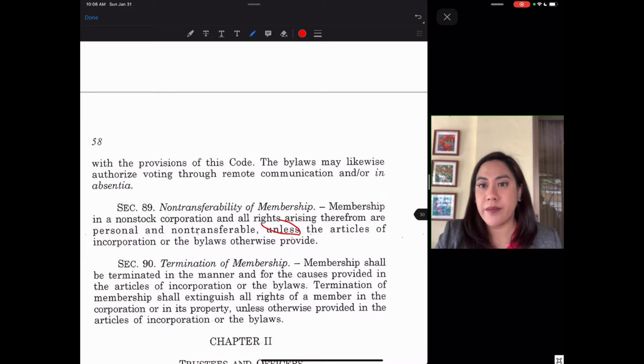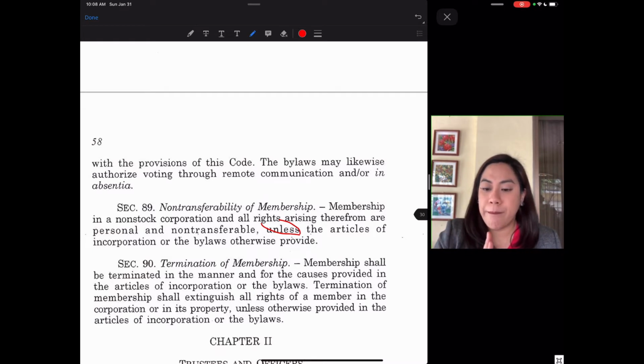When we're talking about termination, it would be best to talk about it in relation to admission of members. While the power to admit members pertains to the board, in the absence of any contrary provision in the articles and the bylaws, the power to terminate is also normally vested with the board.